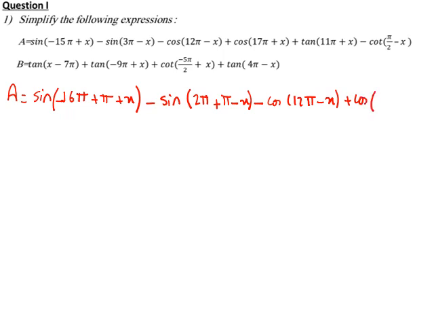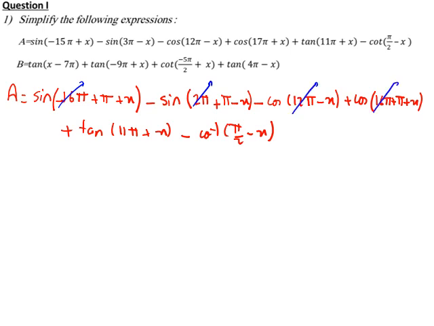cosine of 17 pi, 17 is 16 pi plus pi plus x, plus tangent of 11 pi plus x, minus cotangent of pi over 2 minus x. Now 16 pi is 2k pi, and in tangent, k pi is dropped, cotangent pi over 2 remains.